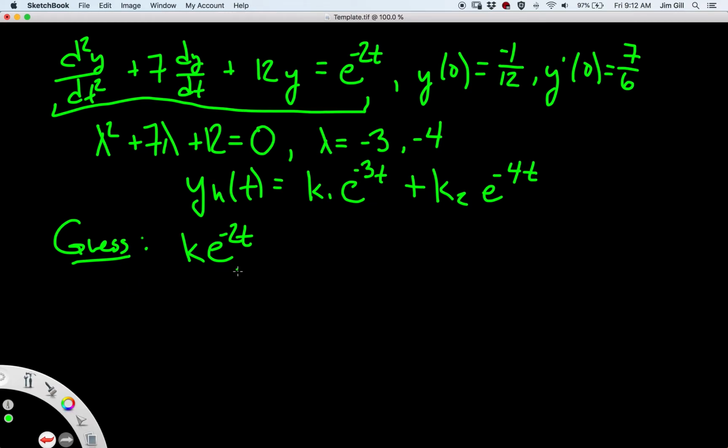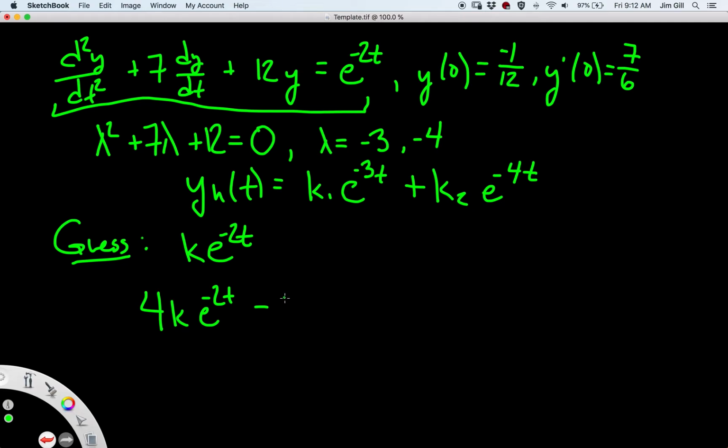The second derivative of k times e to the minus 2t is 4k times e to the minus 2t. The first derivative of k times e to the minus 2t is negative 2k times e to the minus 2t.